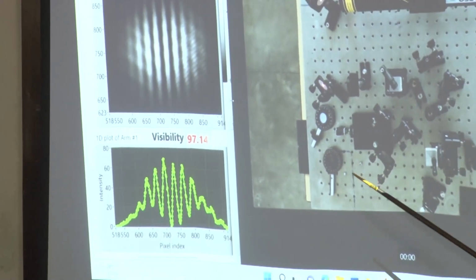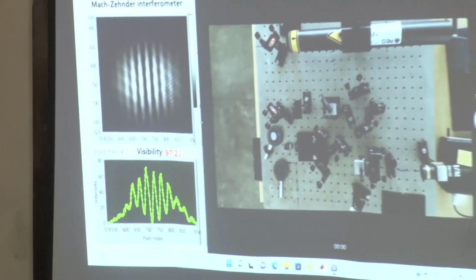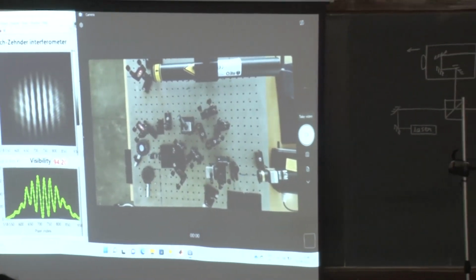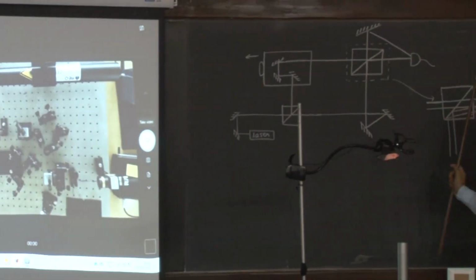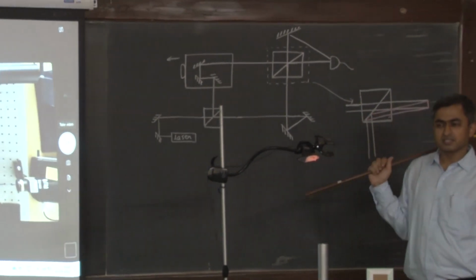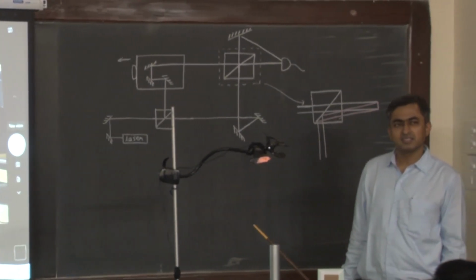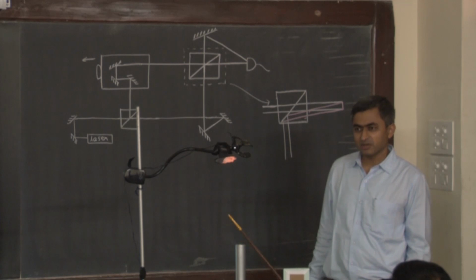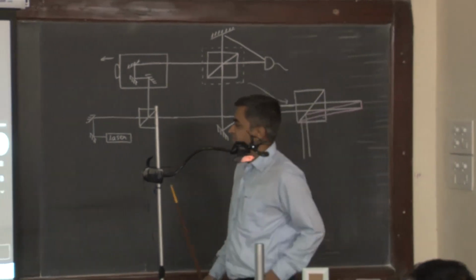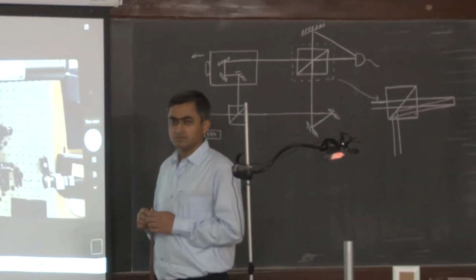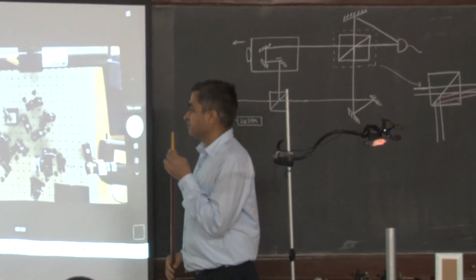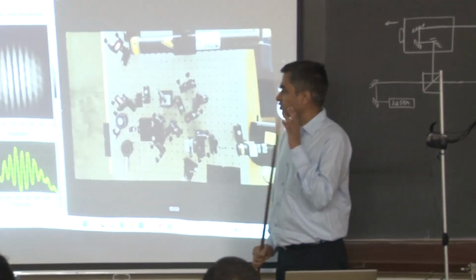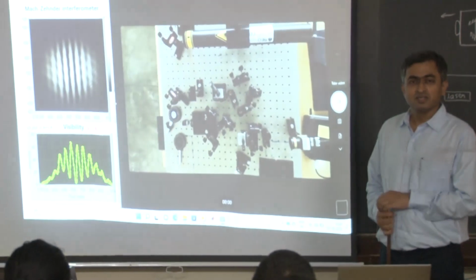That says the field coming this way and that way, they have very good coherence. What coherence? Spatial coherence. But what about temporal coherence? If it's very high visibility spatial fringes, what can you conclude about temporal coherence?